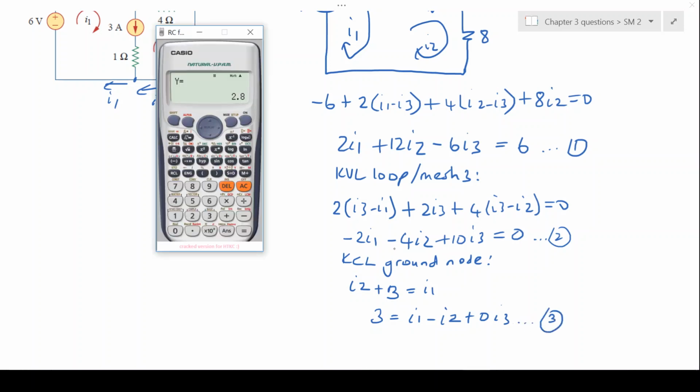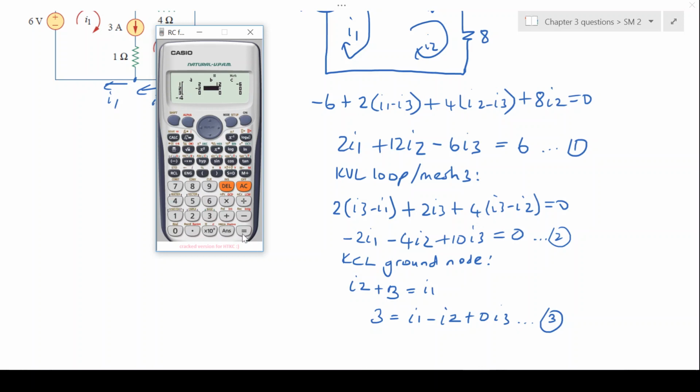Then we solve this. So we're going to select equation mode, 5, and this time we select the quadratic function, number 2, and we put in our coefficients. The first set of coefficients will be 2, 12, minus 6, and 6. The second set of coefficients will be minus 2, minus 4, 10, and 0.